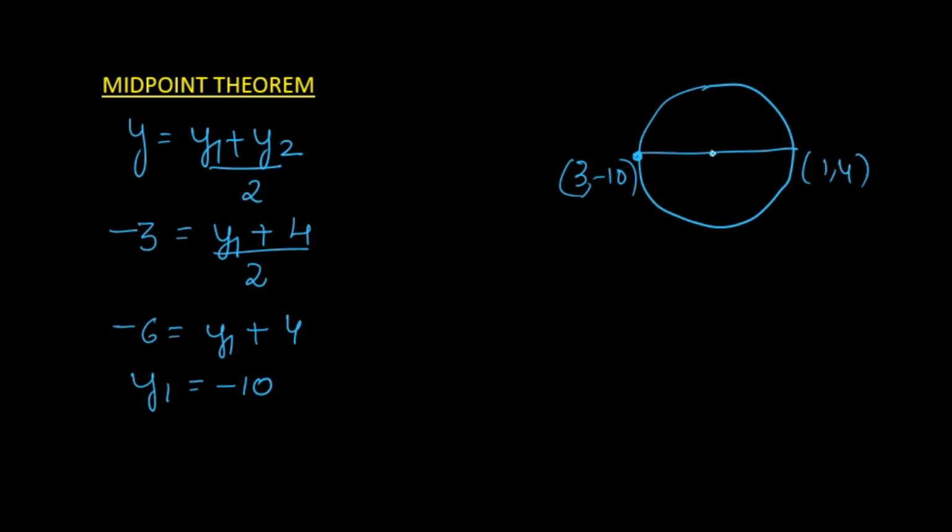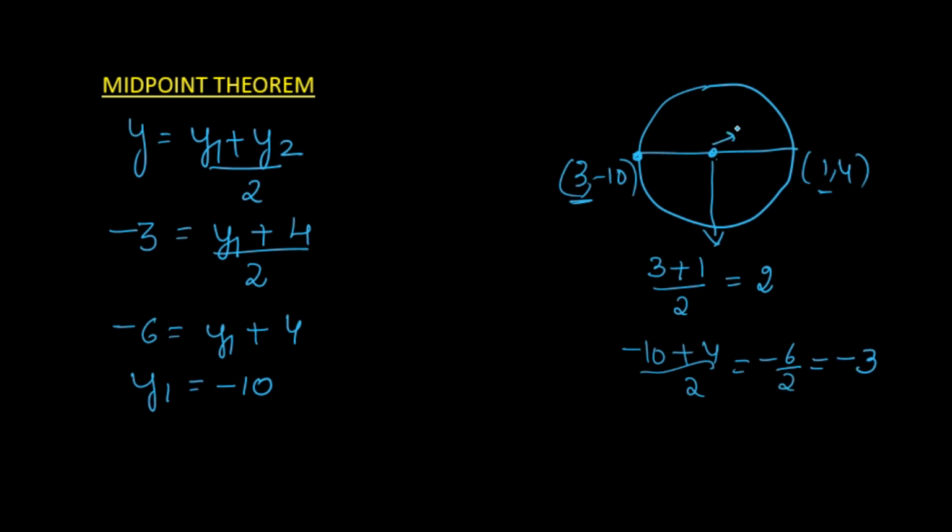We can quickly verify whether the coordinates we have figured out are correct. Let us apply the midpoint formula. The x coordinate will be x1 plus x2, which is 3 plus 1 divided by 2, which gives you 2. And the y coordinate will be y1 plus y2 divided by 2, which is -6 by 2, which is -3.